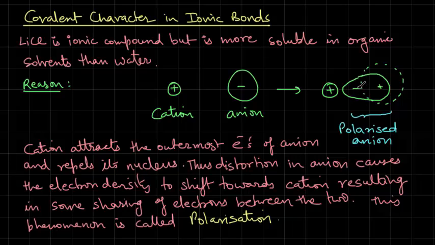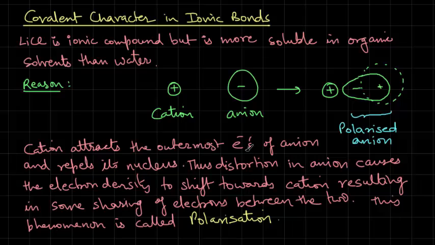It's important to remember that this partial negative charge comes through the electron cloud of only chlorine. There is no concept of shared electrons here. It has already given its electron to chlorine, but now the electron cloud of the chlorine is slightly pulled towards the Li cation because it is very small in size. This gives rise to a polarized anion.